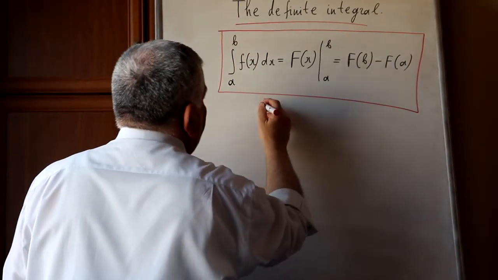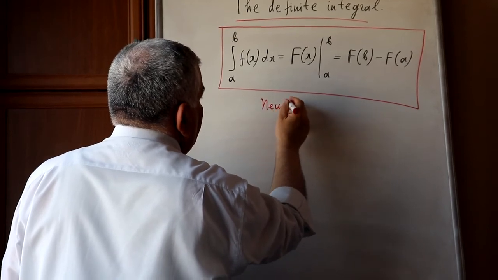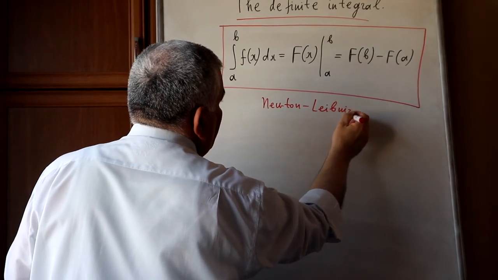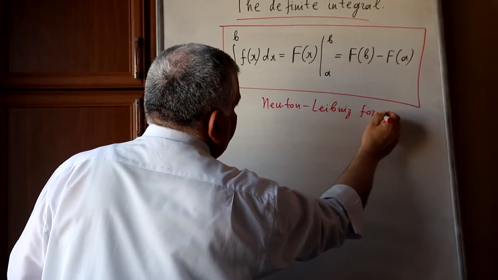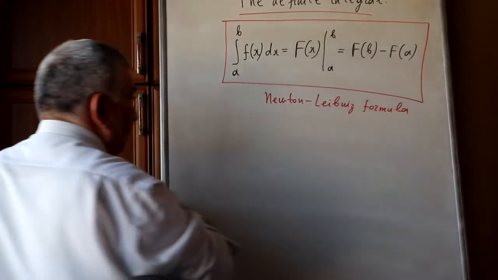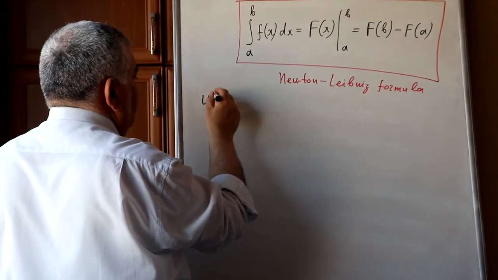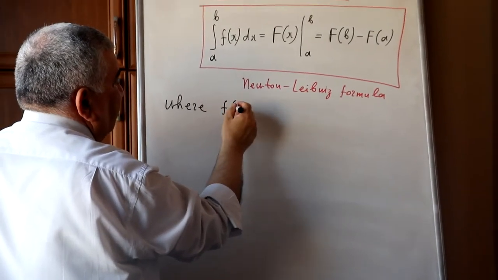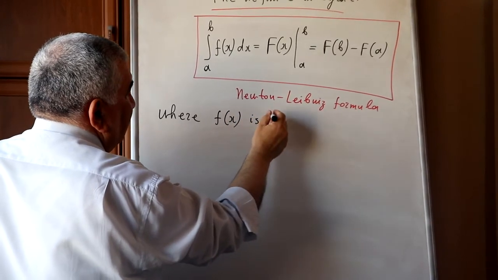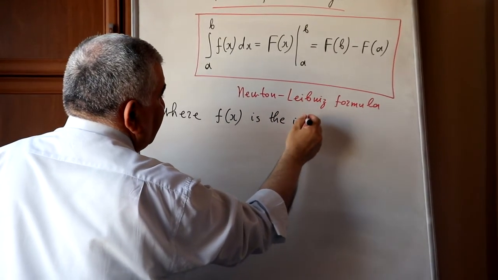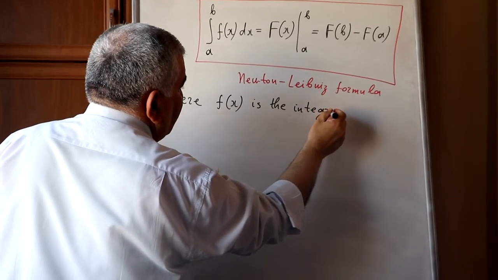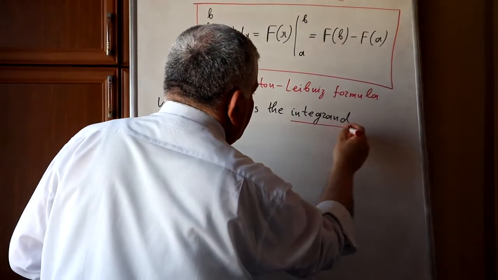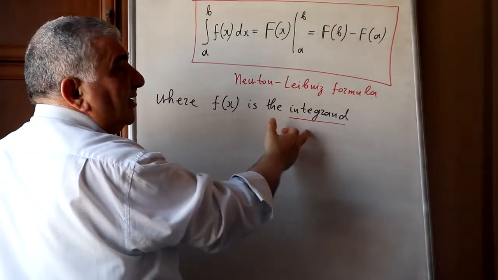Newton-Leibniz formula, where f of x is named the integrand. Integrand in Azeri it is inteqral altı funksiya.